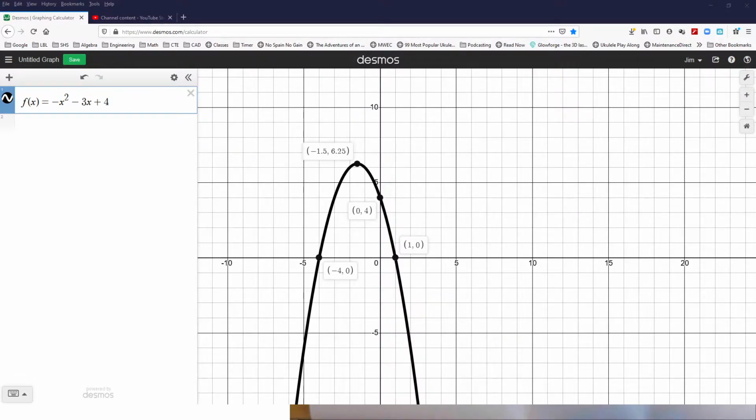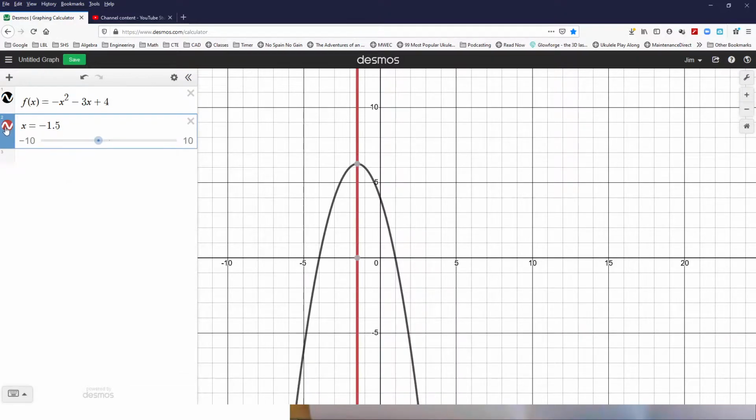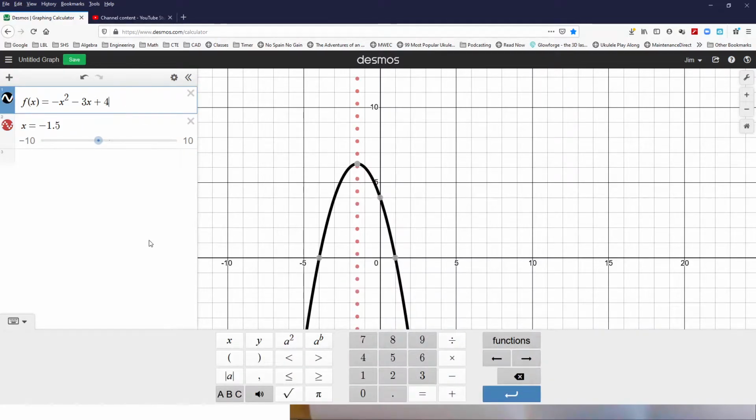The axis of symmetry goes right down through that vertex right there. And so if I wanted to show that, I could just say, x is equal to negative 1.5, and there's my axis of symmetry. Okay, so I can get fancy with that as well. Right, so there's my axis of symmetry, is where x is equal to negative 1.5. There's my other points are all on there.